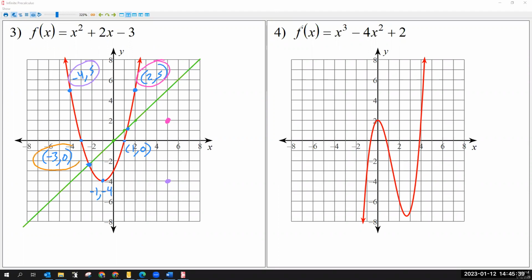Let's do this one. -3, 0 is going to change to 0, -3. This one right here, 1, 0 is going to change to 0, 1.